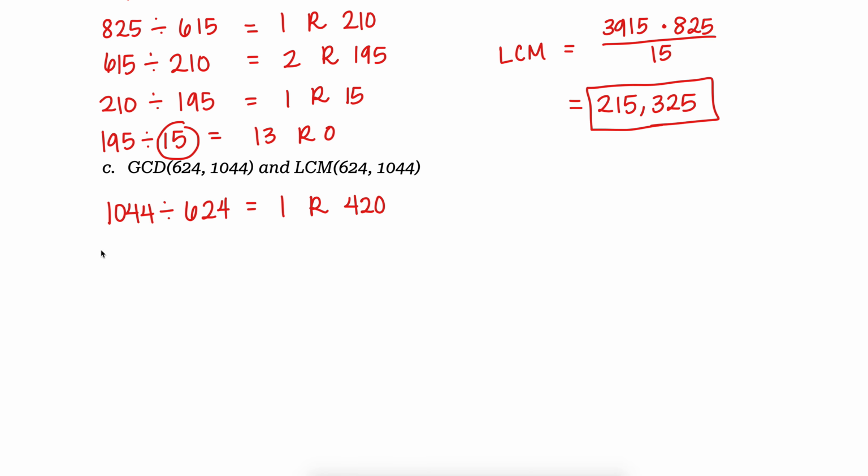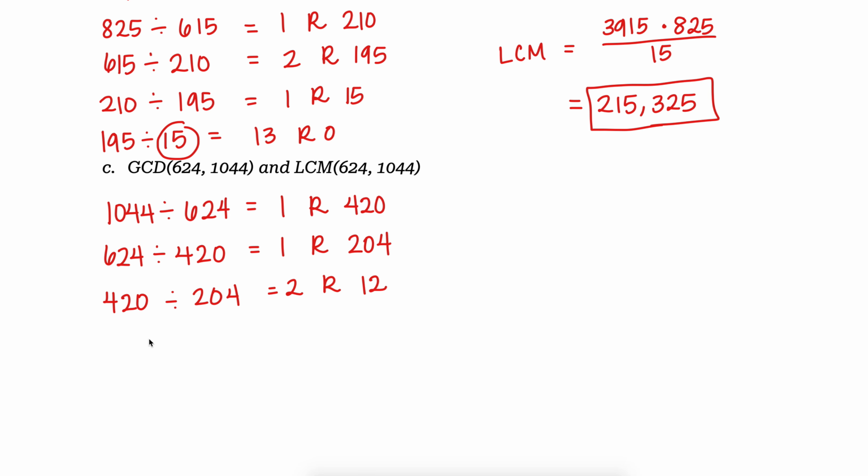And then we're going to repeat 624 divided by 420. That's 1 with a remainder of 204. 420 divided by 204 is 2 with a remainder of 12. Then 204 divided by 12 gives us 17 with a remainder of 0.